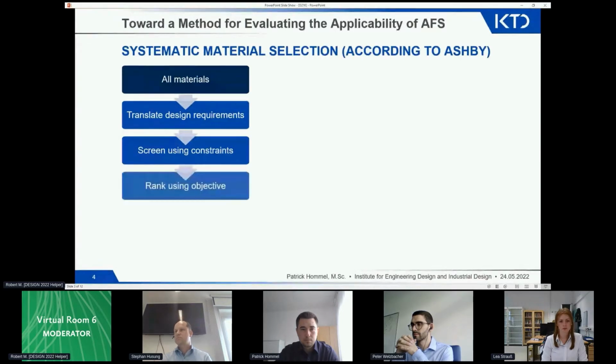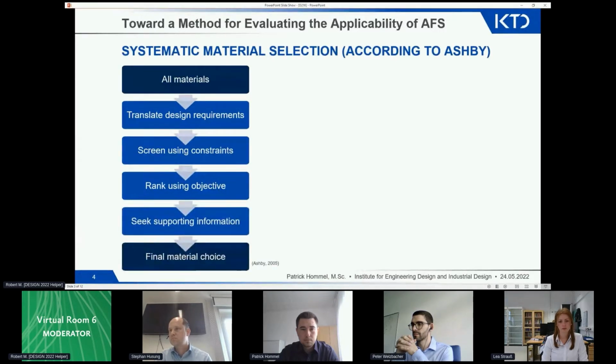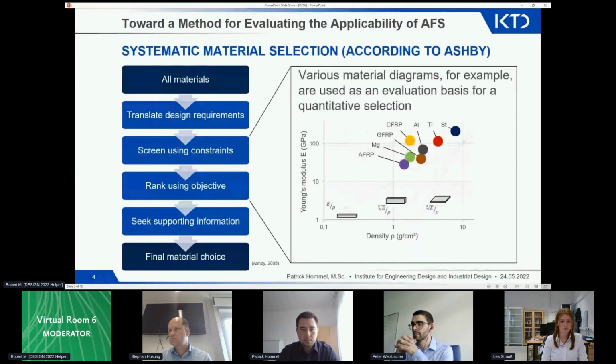Then a ranking of the remaining materials can be made and additional information can be used to select the most suitable material. A variety of databases and different material diagrams exist for this procedure, which provide the basis for the evaluation. However, it is remarkable that the diagrams do not include aluminum foam sandwich or even aluminum foam as a single material, as shown in this example.